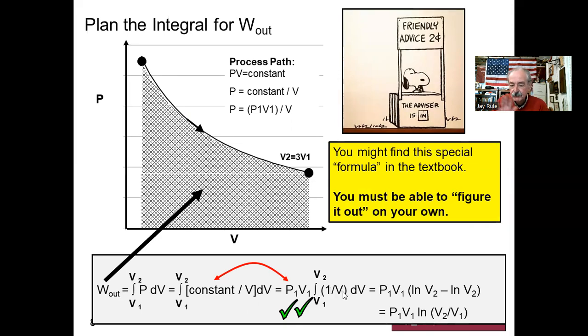There's something special about this: you can't increase the exponent by 1 and do the traditional thing, like integrating V squared dV. That would be a totally different integral. This is V to the minus 1 dV, and so you recognize this as a special case. It's the natural log. The integral of 1 over V dV is the natural log of V evaluated from 1 to 2.